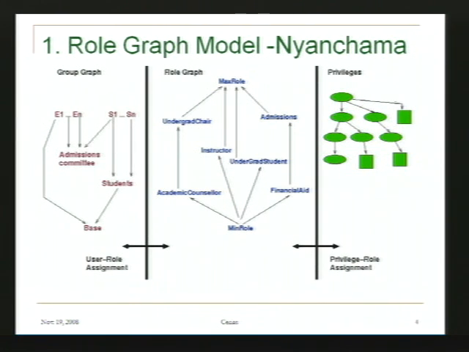Some people say permissions, some people say privileges. It means the same thing. A privilege is an object access mode pair. And we have edges in the role graph whenever we consider one of the roles to be junior to another role. It means all of the privileges of the junior role are contained in the senior role.